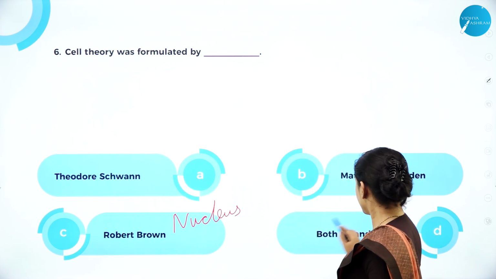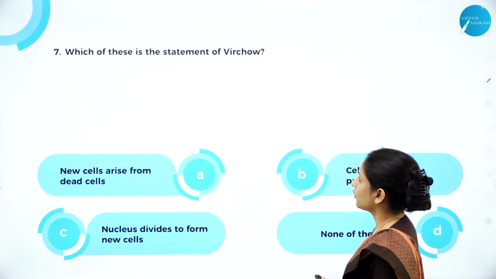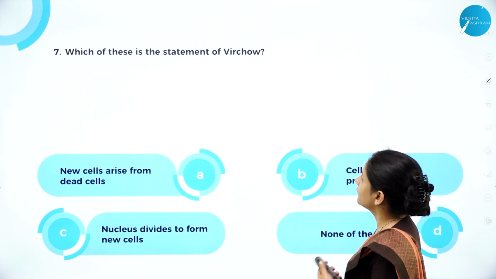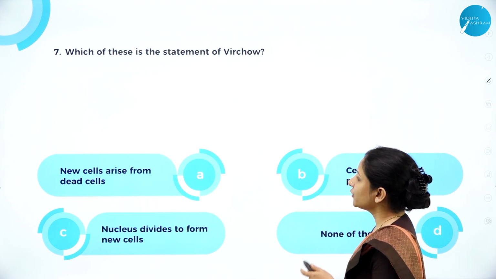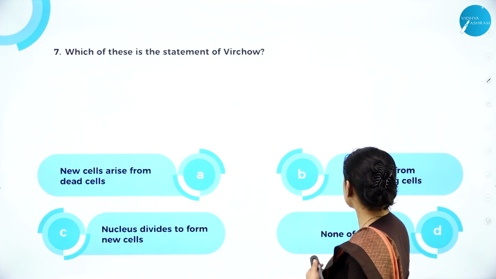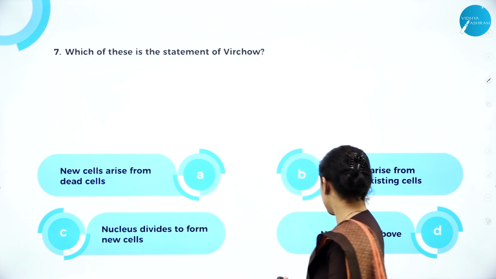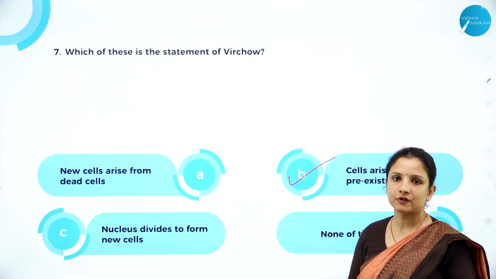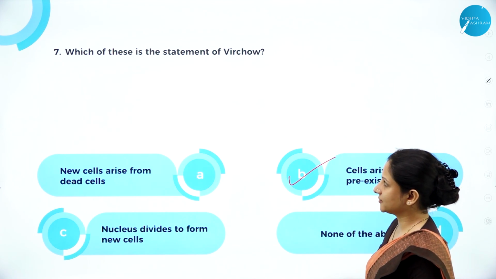Therefore, both A and B, option D, is the right answer. Next, which of these is the statement of Virchow? That is Rudolf Virchow. What is the statement? New cells arise from dead cells. Cells arise from pre-existing cells. Nucleus divides to form new cells. None of the above. The right option here is cells arise from pre-existing cells.